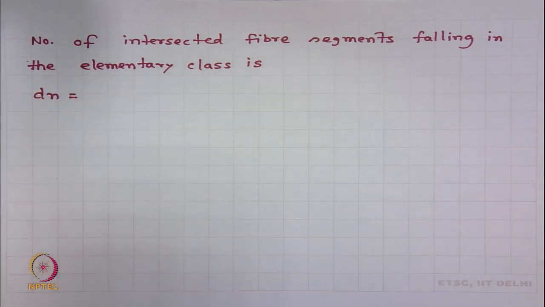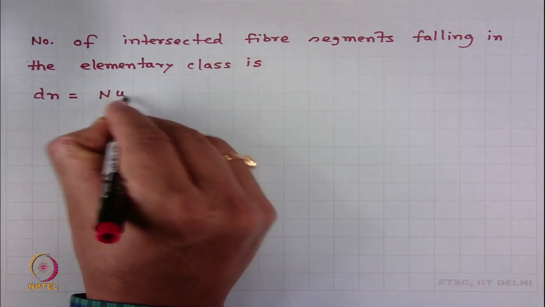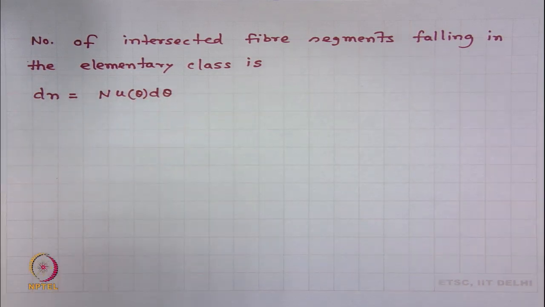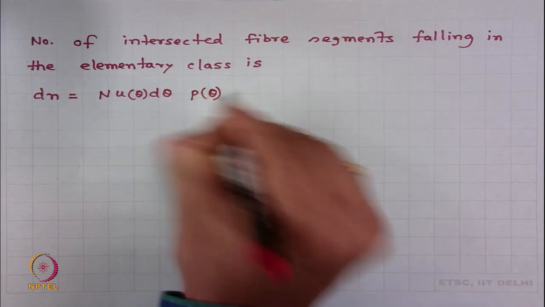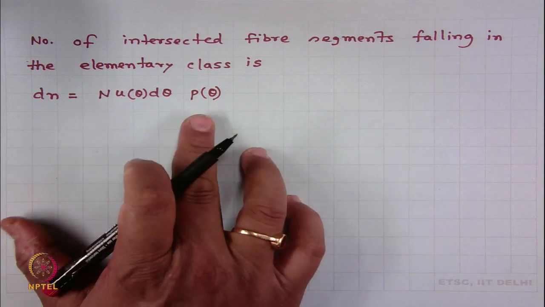which will be equal to, what is the total number of all fiber segments in the prism? N u theta d theta, and what is the probability? Probability is p theta. We have earlier found out this probability. So, this is the volume portion.